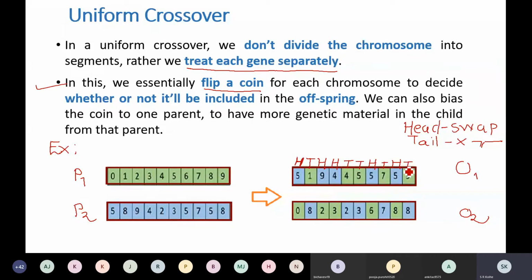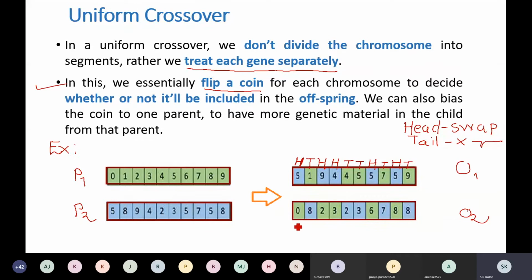Similarly, come to offspring 2. In offspring 2, what will be the result after tossing a coin? Here it is 0, so what would the result of tossing a coin have been? Head. It is 5 in the second parent, but it is 0, that is from the first parent.